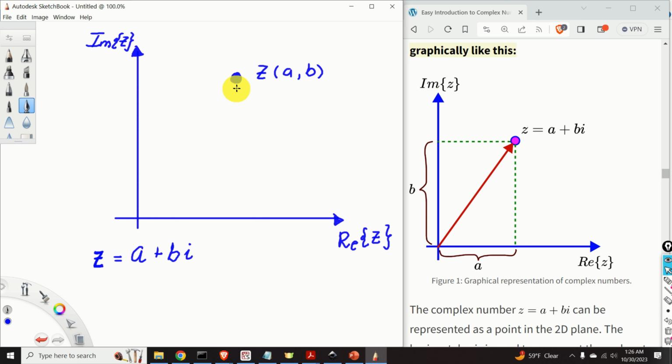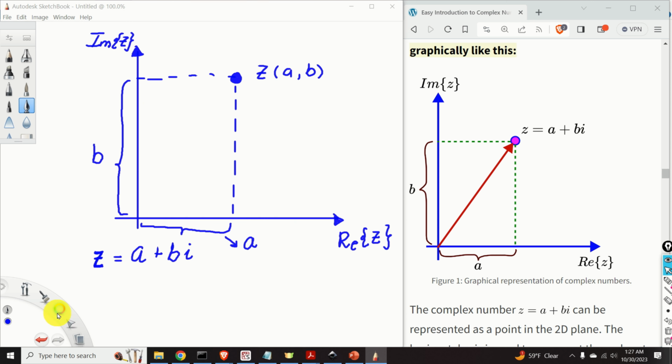That is, this part over here is equal to a. On the other hand, this part over here is equal to b. Let me sketch it a little bit nicer. Is equal to b. Perfect.